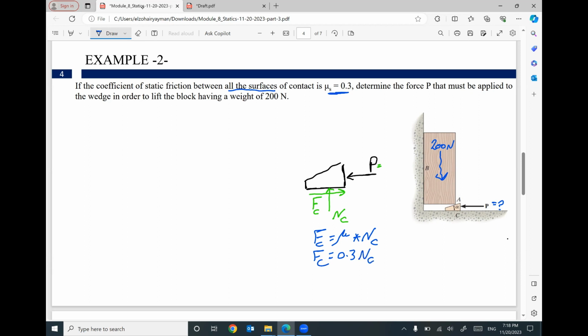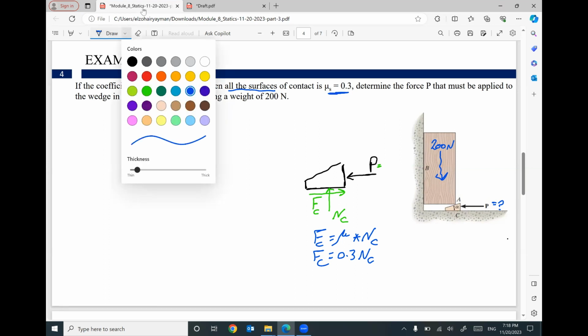Anybody in this room so far, do you have any question about the friction force between the wedge and the ground surface, and the value of this friction force as a function of the value of capital NC, which is perpendicular to the surface of contact? Also, since you are pushing this wedge to the left, this block will have a friction with the wedge.